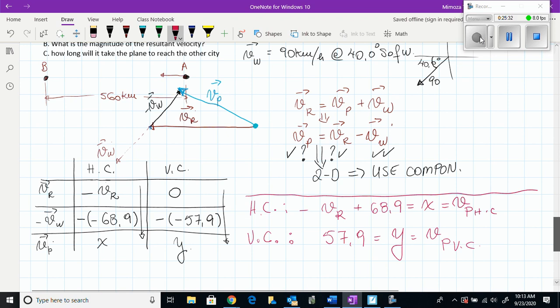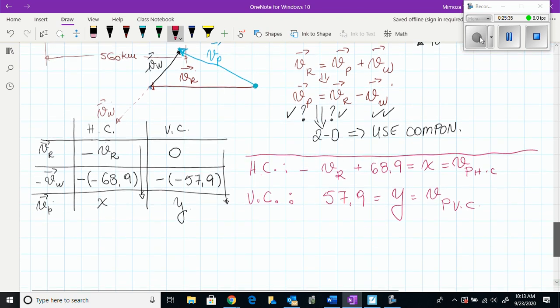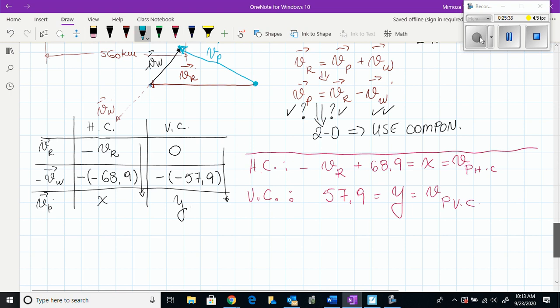So now, if we bring the velocity of the plane, the vertical component is this one here. If we consider the angle alpha, the vertical component is opposite to angle alpha, and the magnitude of this plane velocity was 370 kilometers per hour.